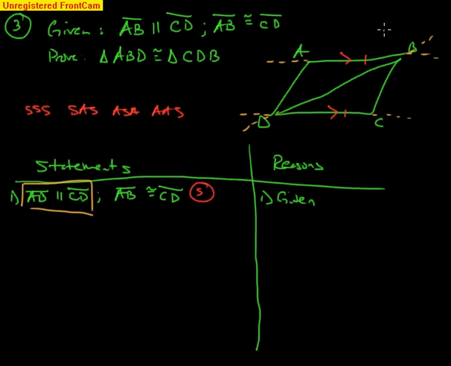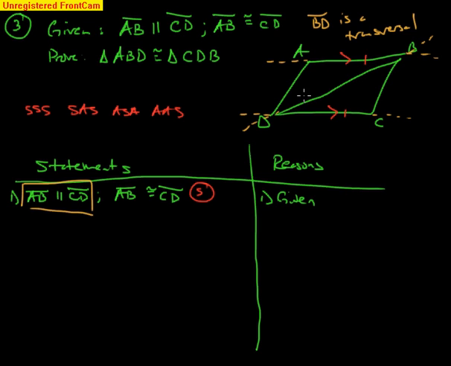This BD is a transversal. It's a transversal going through two parallel lines. So the question is, do those four angle relationships, is one of them going to help us here in this problem? Well, again, it has to be the angles formed by the parallel lines and the transversal.